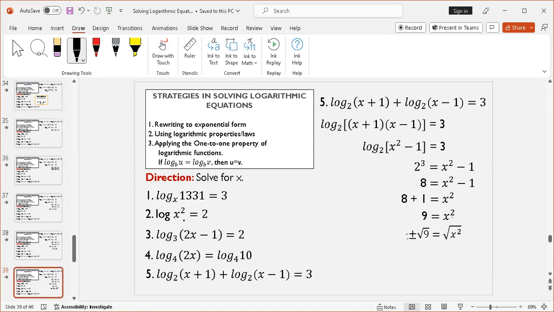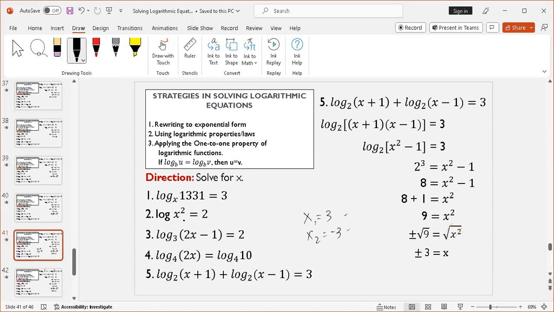So, by this, we can now cancel the radical sign and the exponent. Matitira na lang yung x. And isimplify na rin natin yung square root ni 9. It's 3. Pero since meron tayong positive and negative, ibig sabihin, we have x sub 1, positive 3, x sub 2, negative 3. Now, we have to check kung alin lang dito yung solution or parehas ba ito solutions.